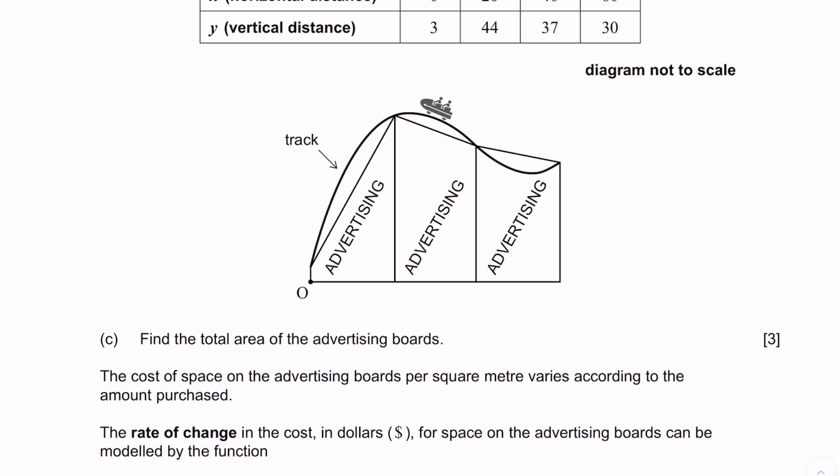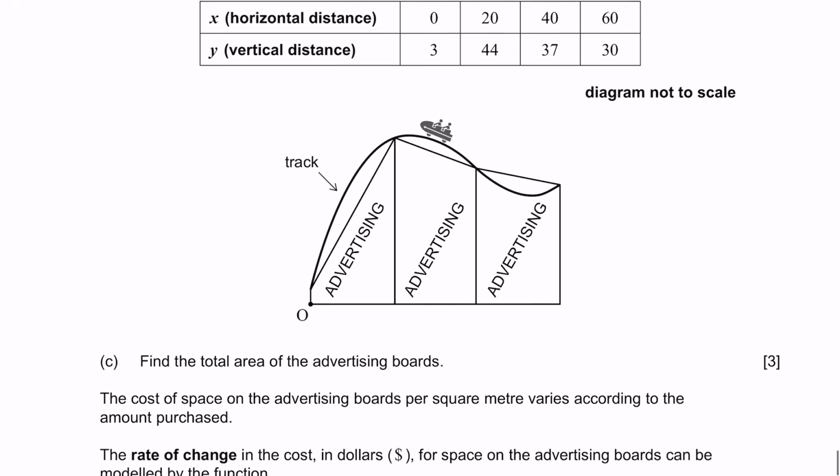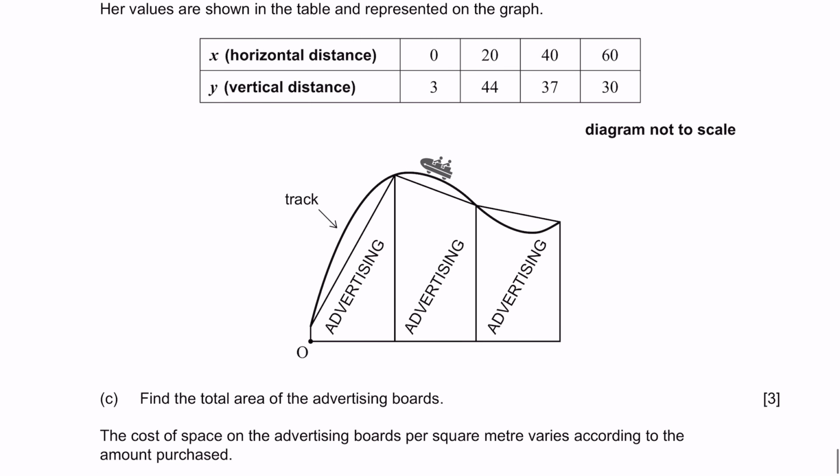Part C asks us to find the total area of the advertising boards. Okay, kind of interesting. What we have here are essentially 1, 2, 3 different trapezoids. And what we could do is we could actually find the area of trapezoid 1, 2, and 3, and that would give us the area.